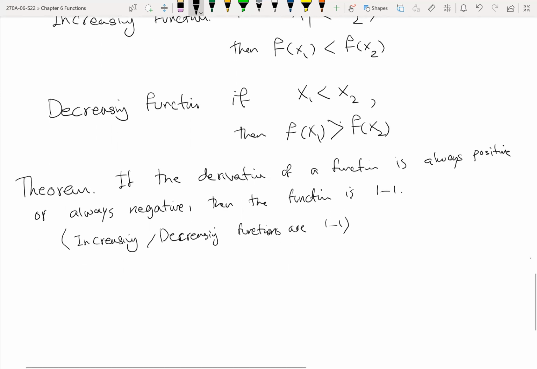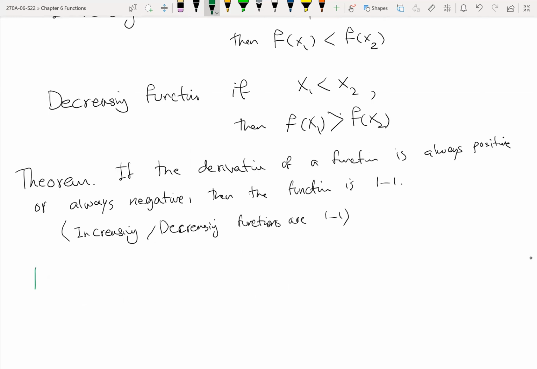Okay. The other theorem that we try to do is really a calculus one theorem. If the derivative of a function is positive, then f is increasing.